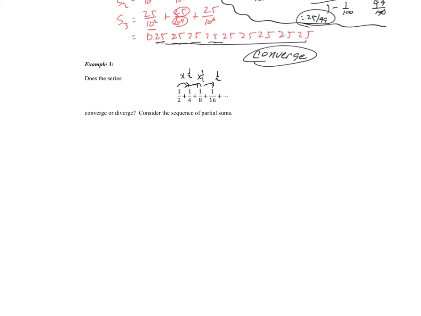So that tells us that our r is a half, our a is a half. So then my sum is a over 1 minus r. So then I have 1/2 over 1 minus a half. So then I have a half over a half, which is 1.